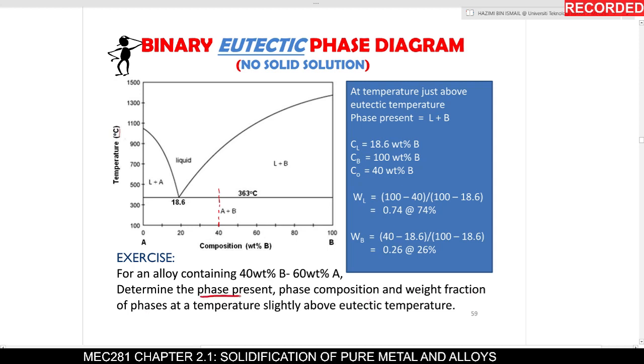Three things that you have to show in your answer, at a temperature slightly above the eutectic temperature. Where is the eutectic temperature? This line, this is TE. So we have to find the information just slightly above the eutectic temperature, maybe around here.